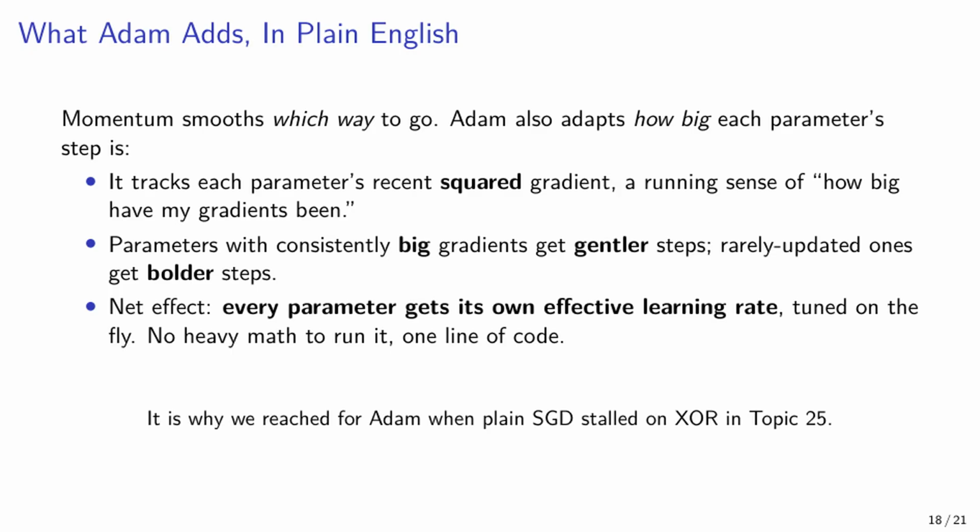This is precisely why we reached for Adam when plain SGD stalled on XOR back in Topic 25. It adapts where a single fixed step size gets stuck.